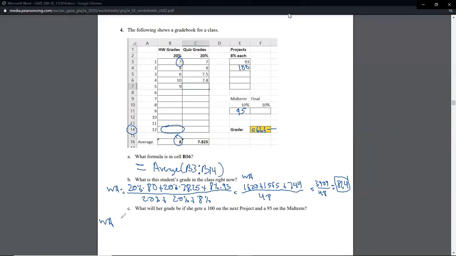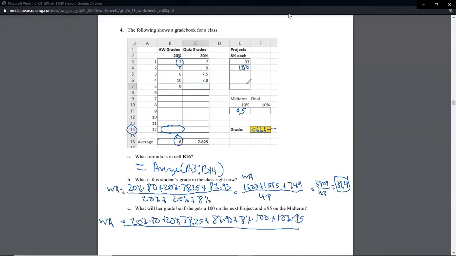Okay, so weighted average. Now we still have all of the stuff from before, the 20% times the 80 plus the 20% times the 78.25, that's homework and quizzes, plus project 1, 8% times 93, plus project 2, 8% times we got a 100, plus the midterm, which was 10% weighted at a 95 grade.